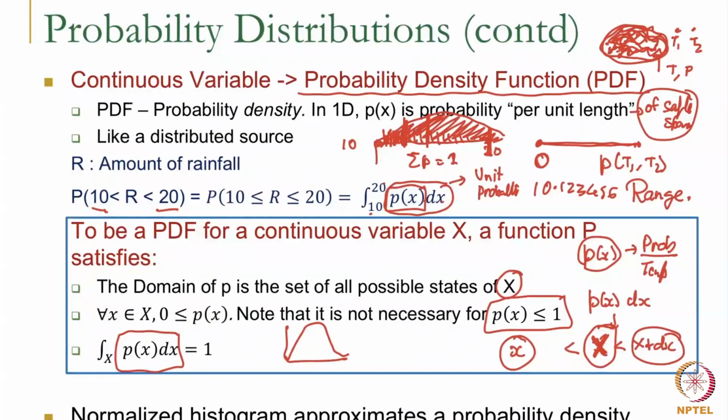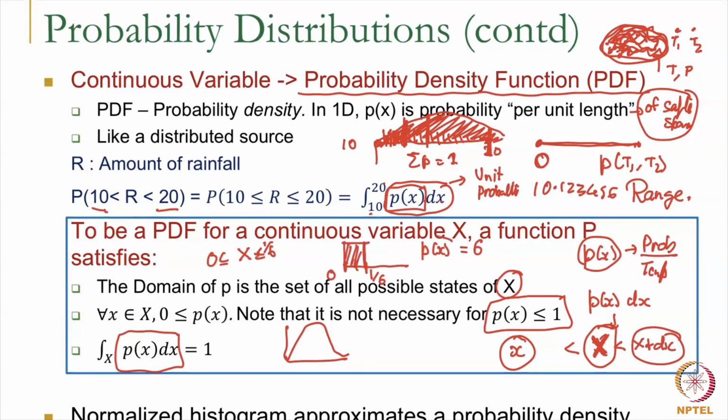So for example, we could think of a simple case, something like this. Let's say capital X is a variable that varies between 0 and 1 by 6. So x is a sample space such that 0 is less than x, less than 1 by 6. And I have p of x is simply 6.